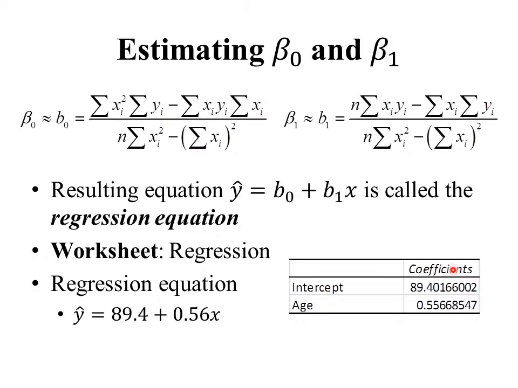And so here's the intercept. That right there is our value of B naught. And then the coefficient of age, that's another name for the slope, or the value of B1, so 0.56 roughly. And so there's our regression equation. Y hat equals 89.4 plus 0.56x.